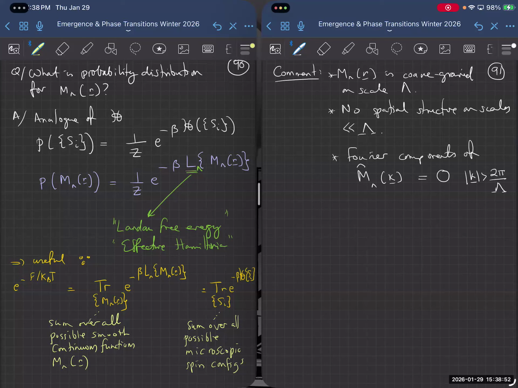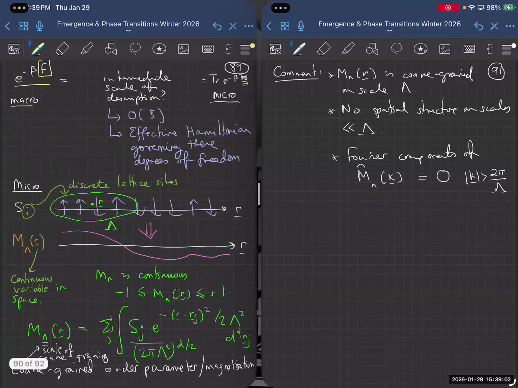So in other words, by averaging over small distances, up to the scale lambda, the smooth function, the one I drew on the previous page, on the left-hand panel, is smooth on the scale of lambda, so it has no Fourier components with an appreciable value for k greater than 2 pi over lambda.